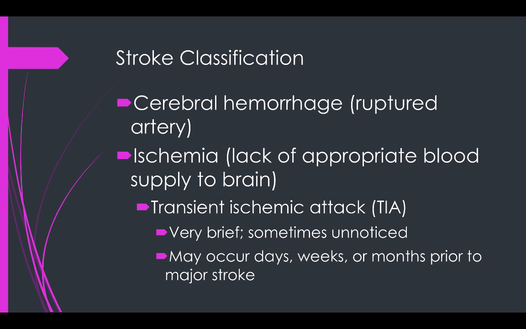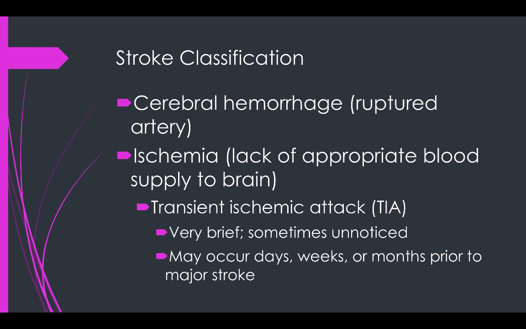There's TIAs, which is a transient ischemic attack. Transient meaning usually temporary. It shouldn't really last any longer than 24 hours. It can go unnoticed. Ischemic meaning that lack of blood supply being withheld from the brain, and the attack is the impact that it's causing.